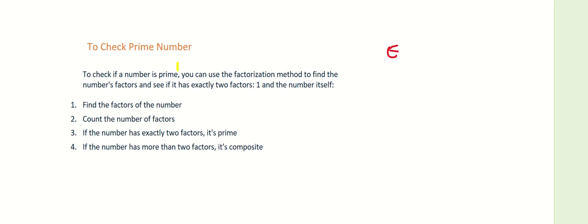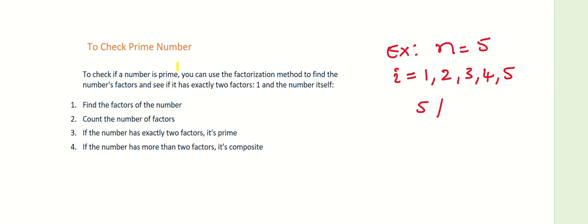For example, we'll take the number n equal to 5. We'll divide the number 5 by all the numbers from 1 to 5. Is 5 divisible by 1? 5 % 1, yes, it is divisible by 1.